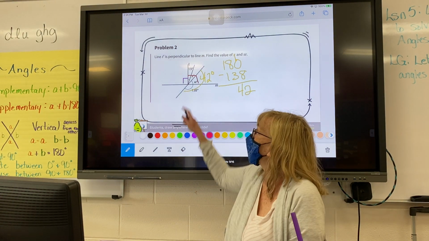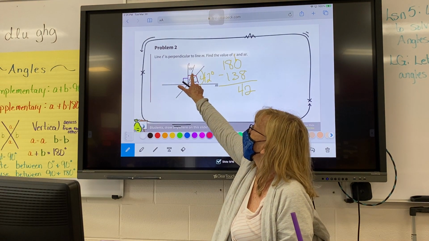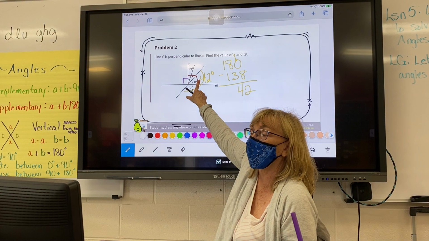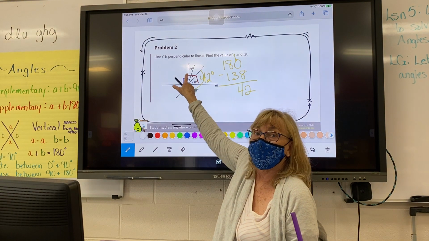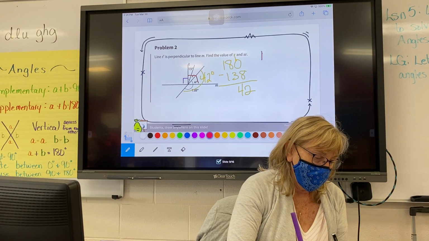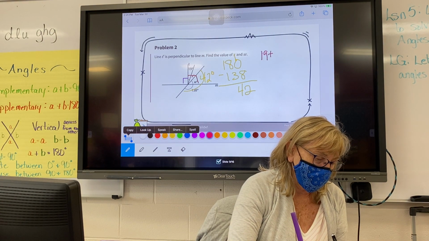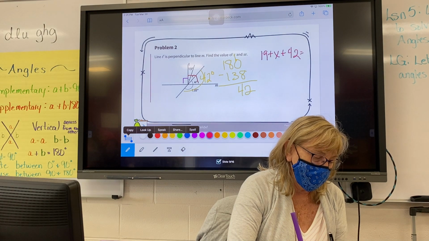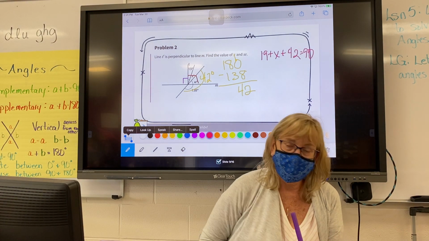Think about what this is saying. This plus this is going to equal 90, right? That would be your equation. 19 plus x plus 42 is going to equal 90.